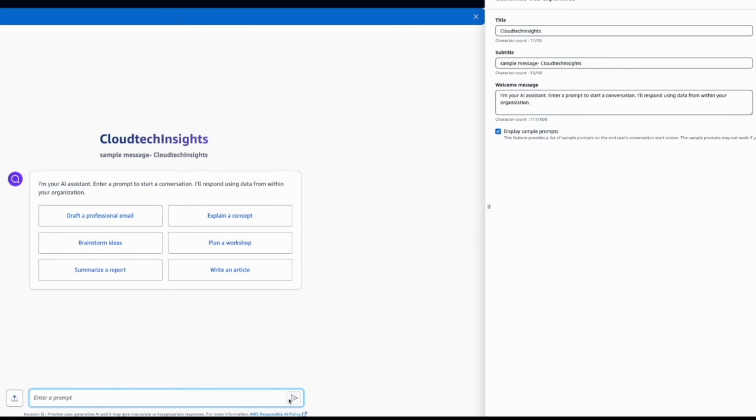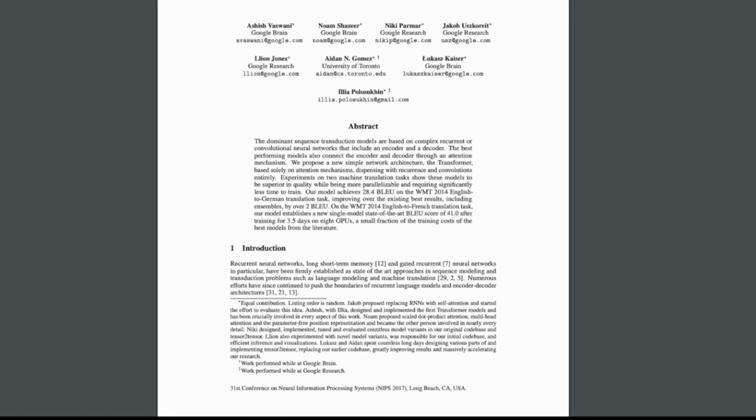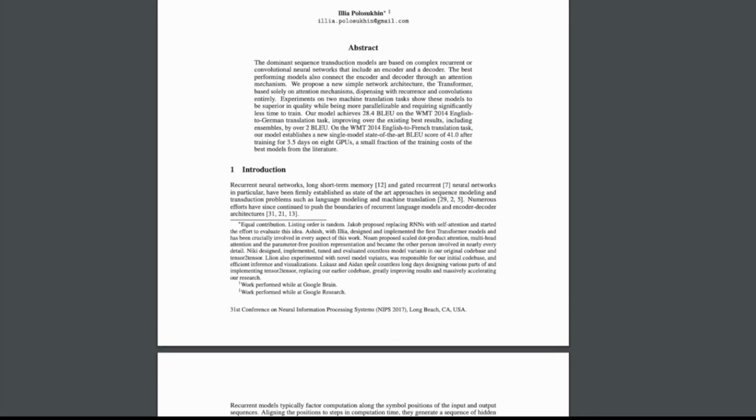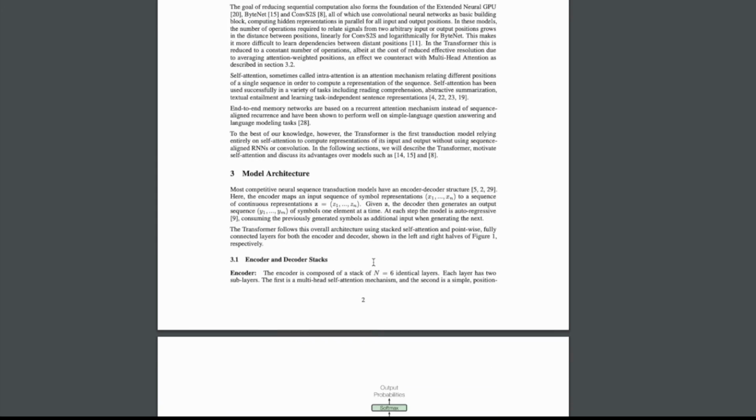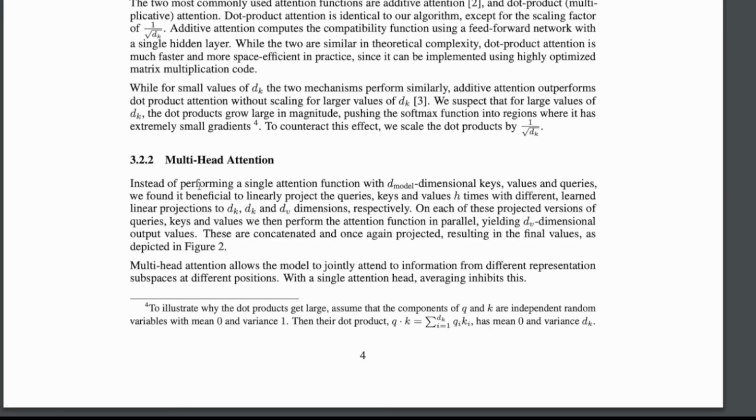And in this chatbot, I have only one document which is publicly available, and that document is called Attention Is All You Need. It's a document about transformers published by Google. In this document, we can ask about some of that information, or you can also summarize the document. But I am interested in some key topics like multi-head attention.